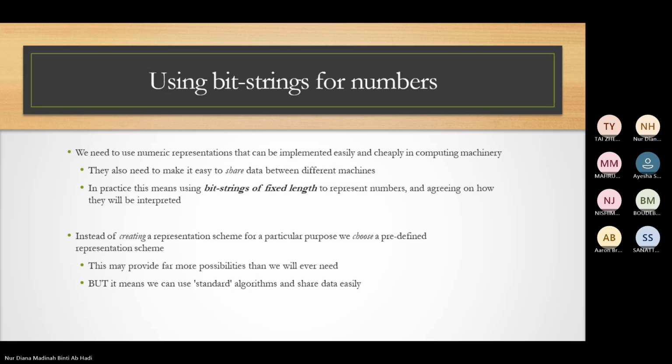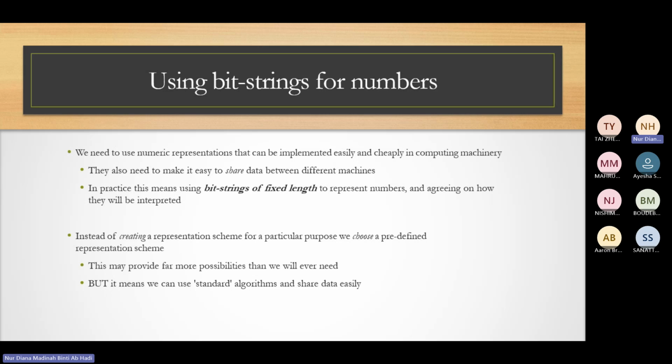You have to understand that when you create a representation scheme for a particular purpose, it means that you need to have more possibilities than we will ever use. Just like just now you had the redundant bit sequence.